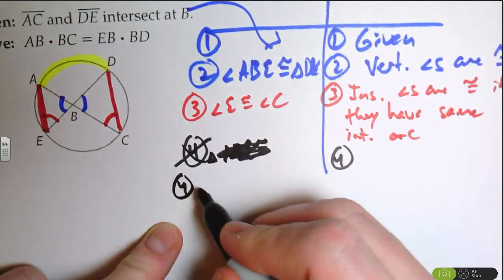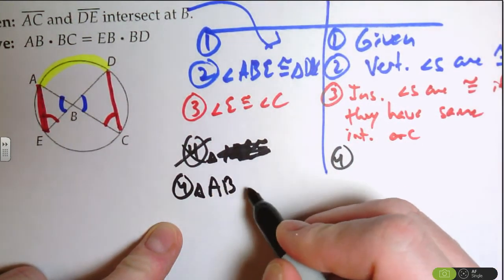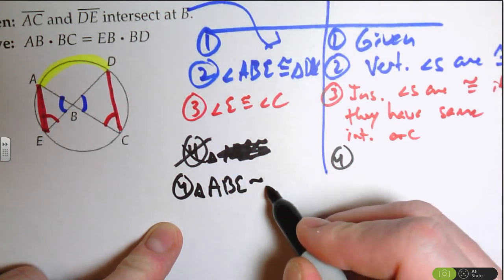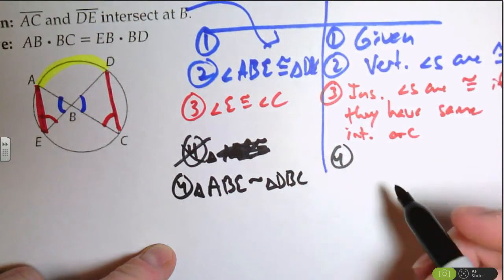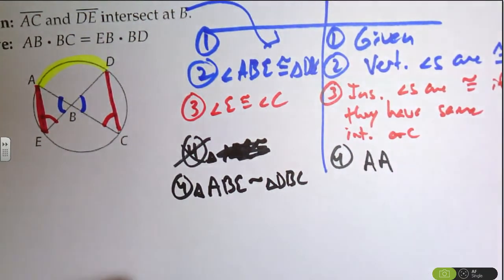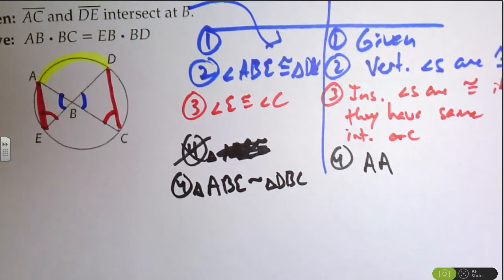Ignore that. One problem with Sharpies is they don't erase. So triangle ABE is similar to triangle DBC, and the reason is angle-angle. Once we have that, there are two more steps left. We really are almost done.